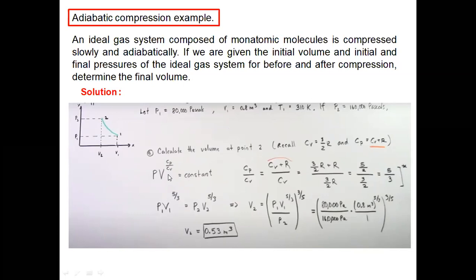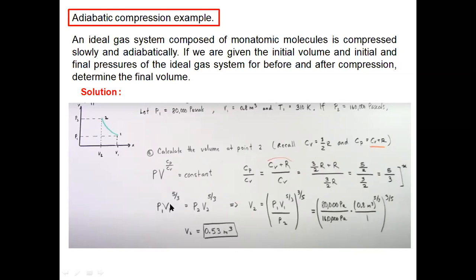So P V to the power Cp over Cv تساوي constant. لكن بنعرف إنه Cp على Cv تساوي Cv زائد R على Cv، وتساوي 3/2 R زائد R على 3/2 R وتساوي 5/2 على 3/2. النتيجة تساوي 5 على 3. إذا Cp على Cv تساوي 5 على 3.